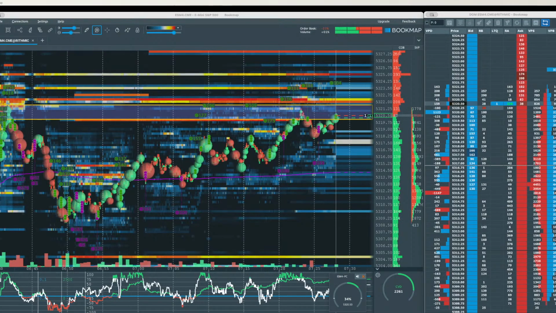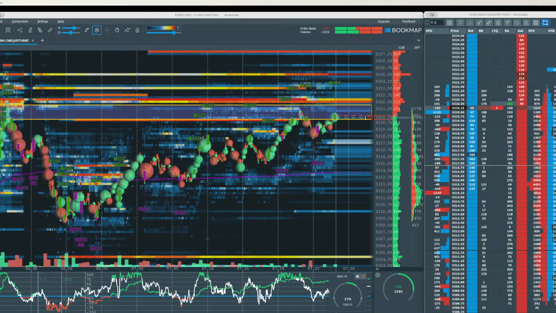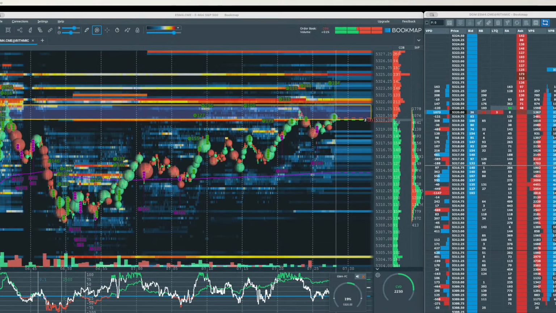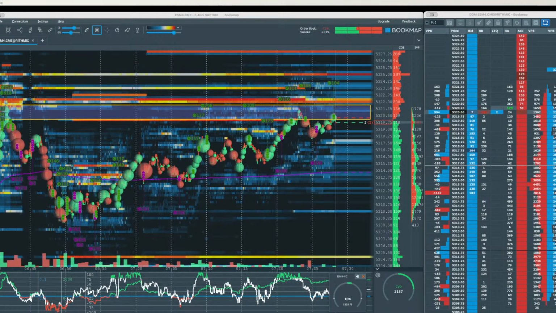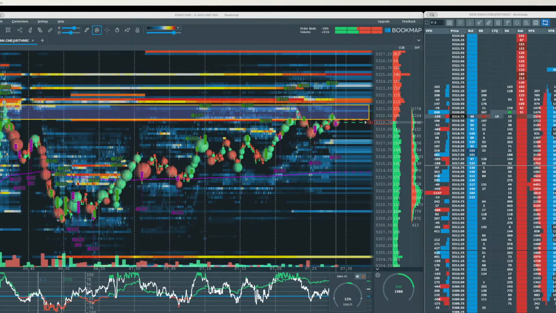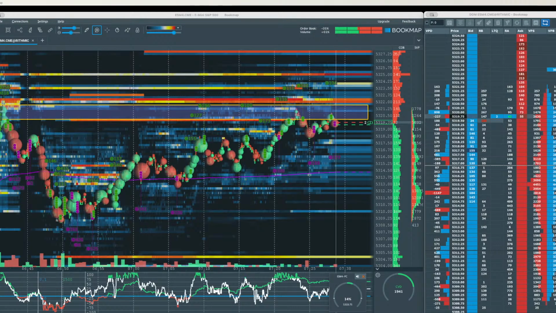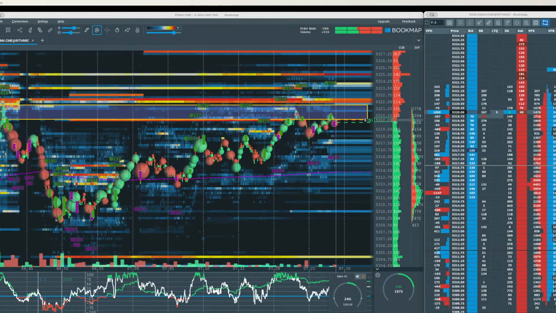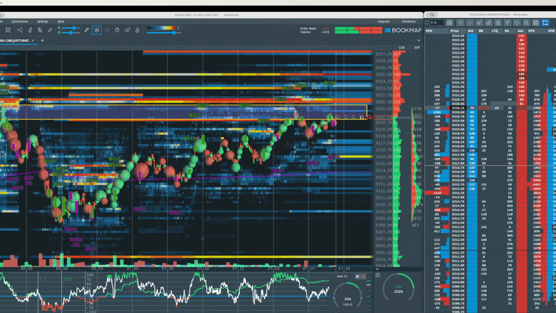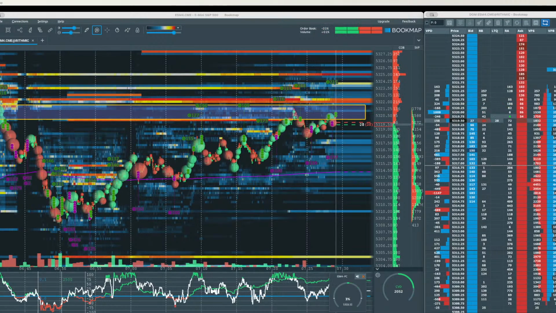Sweep ESM for CME buyers at 5320.5. Sweep ESM for CME sellers at 5319.5. Sweep ESM for CME buyers at 5320.75.